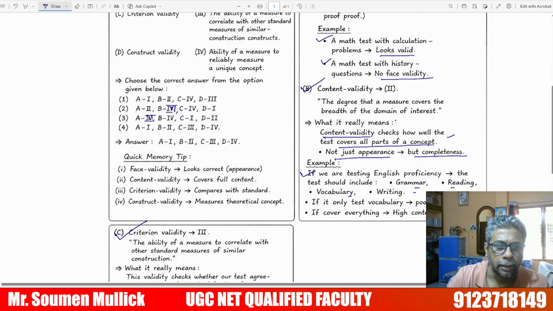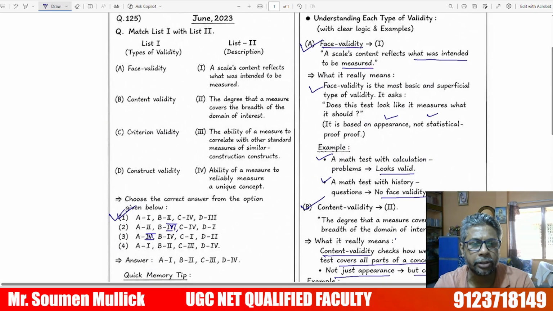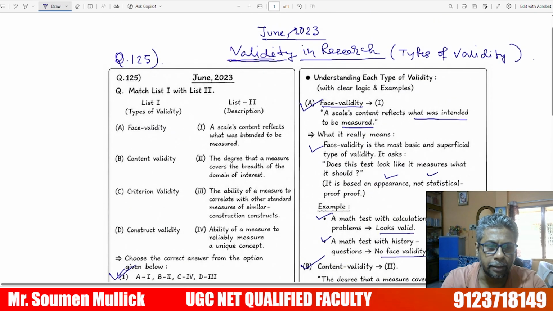So, what is the correct option? Option number 1 is correct: A1, B2, C3 and D4. Face validity means a scale content reflects what was intended to be measured. Content validity means the degree that a measure covers the breadth of the domain of interest.